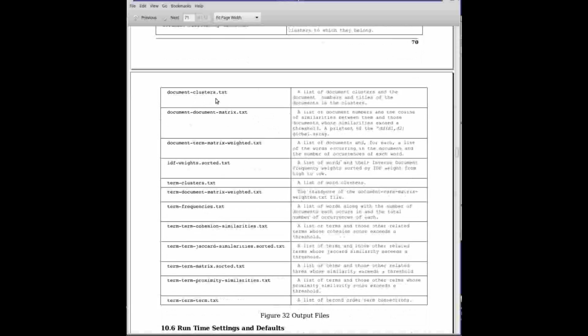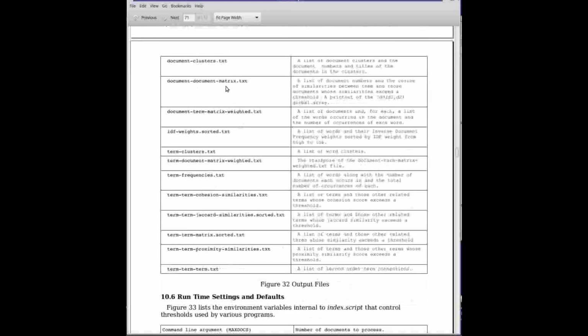There's actually document clusters text. This will be the document numbers and the titles of the documents in a cluster. It's similar to the above. There's the document term matrix, document matrix, excuse me. This will be for each document, all the other documents that it's related to, and the degree to which it's related. There'll be a score from 0 to 1.